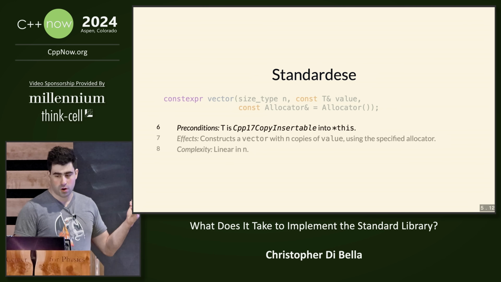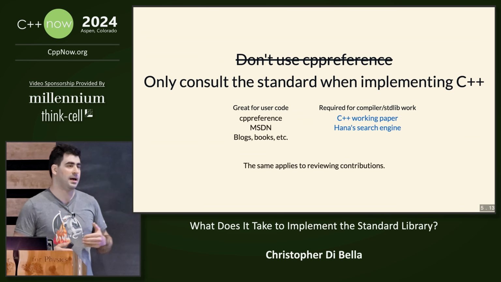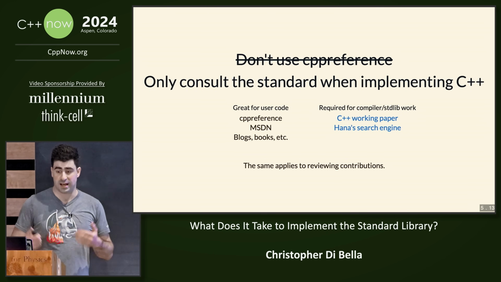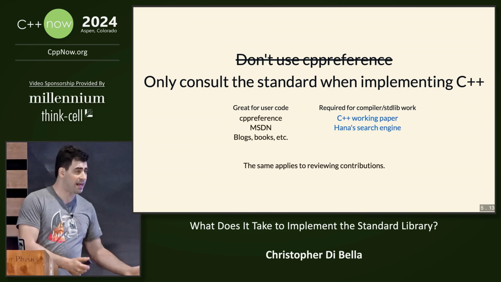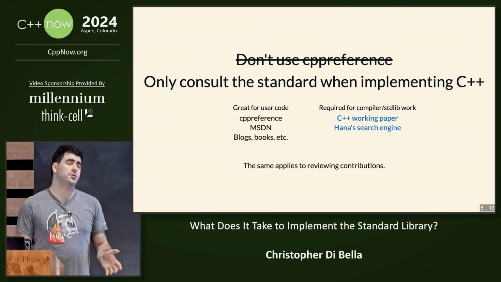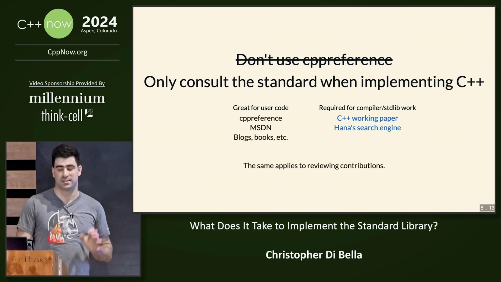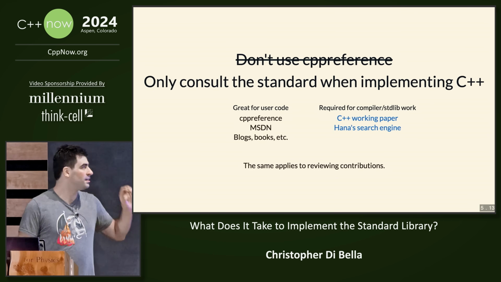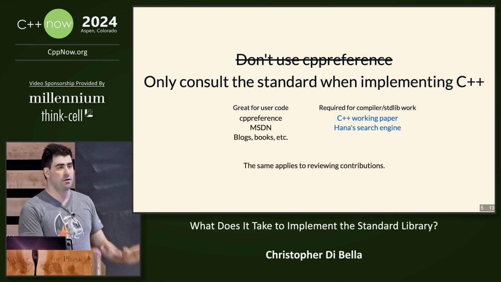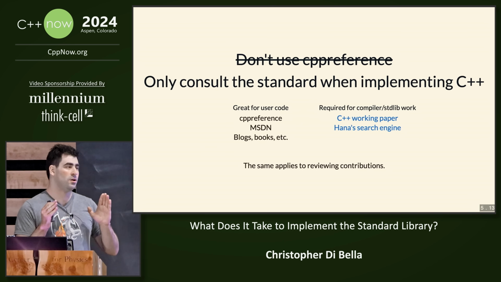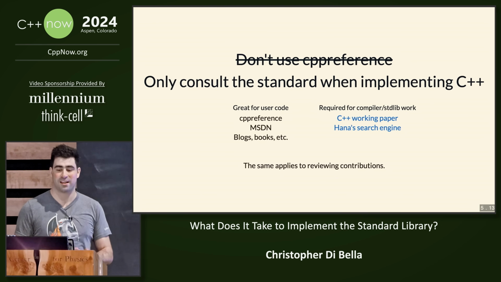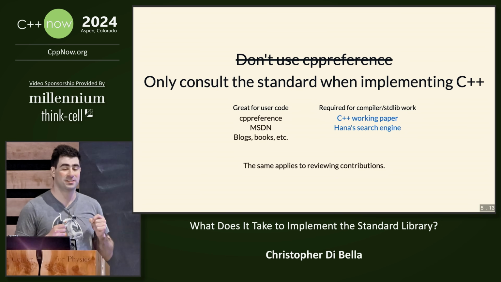And so that's why when it comes to implementing things in terms of the standard library for Clang, GCC, please don't use CPP reference. Please only consult the standard when implementing C++. Again, using third-party documentation for non-C++ implementation related things is great, and I encourage you to continue using that.